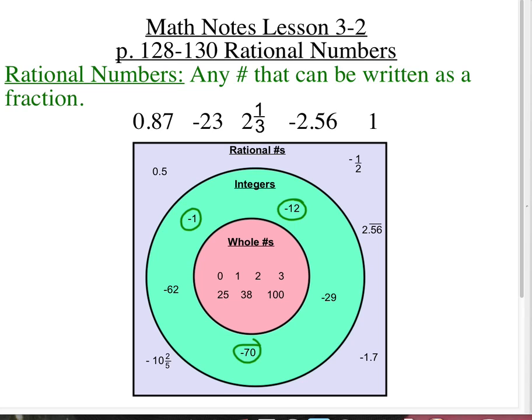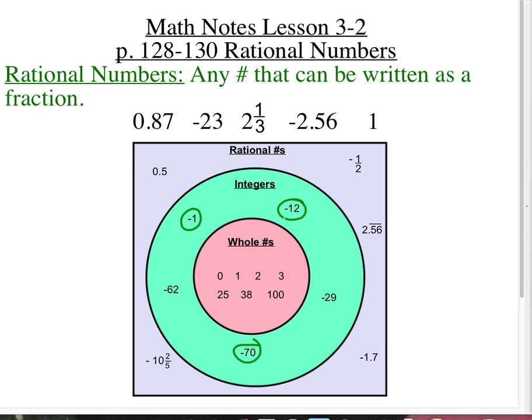So what's interesting to note is that integers are not just negative numbers. Integers are negative numbers, but they are also all of the whole numbers, right? Because a whole number balloon is inside the integer balloon. So all of the whole numbers are also integers, but the integers do bring in these outside numbers, these negatives.